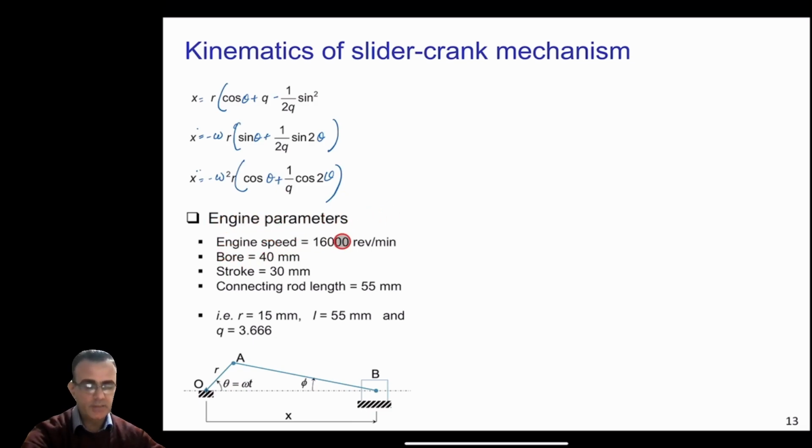The speed of the engine is 16,000 revolutions per minute, or RPM. The bore, which is the diameter of the combustion chamber or the piston, is 40 millimeter, and the stroke is also given, which is 30 millimeter.